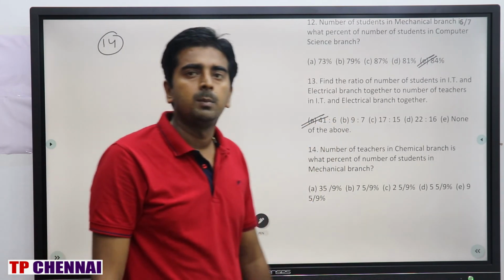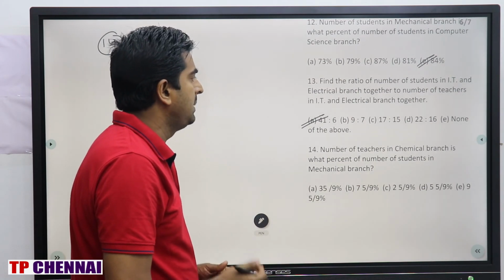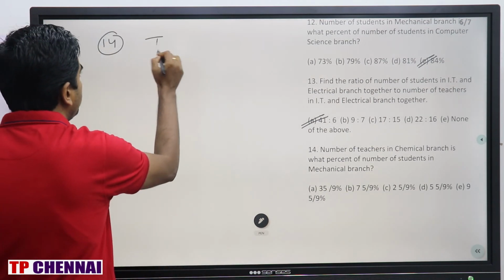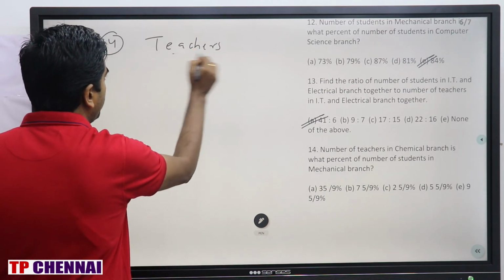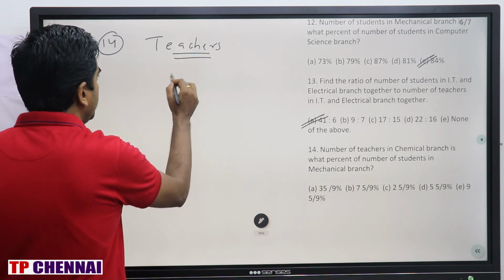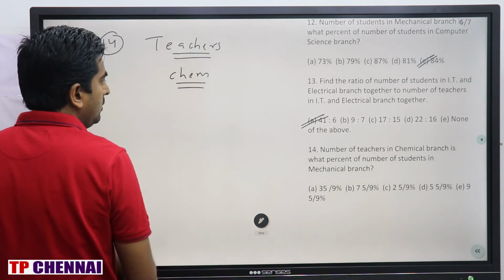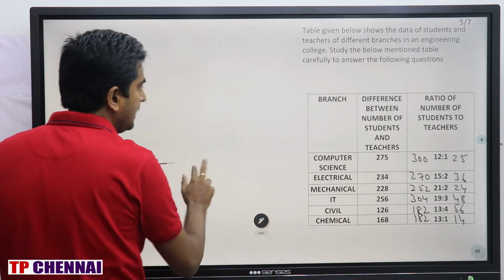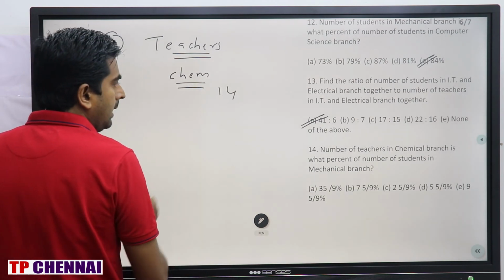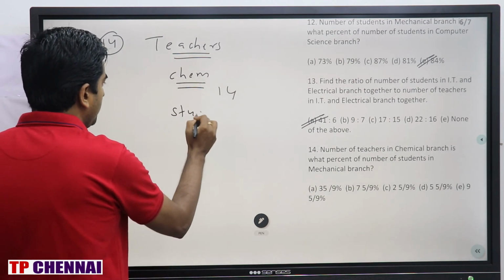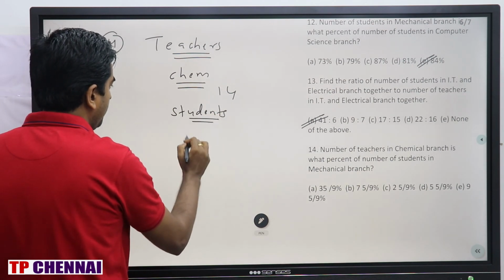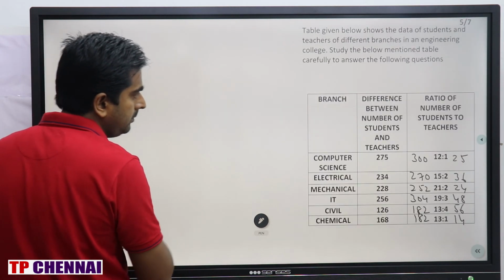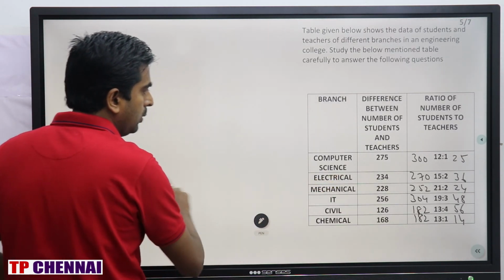Clear? Question number 14. Number of teachers in chemical branch is what percent of number of students in mechanical branch? Teachers in chemical. What is the value? Teachers in chemical 14. And students in mechanical, left hand side mechanical 252.